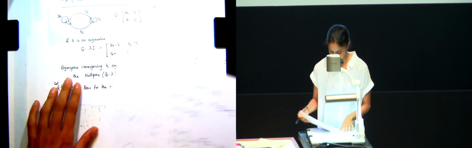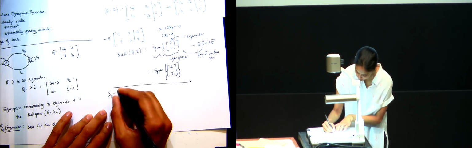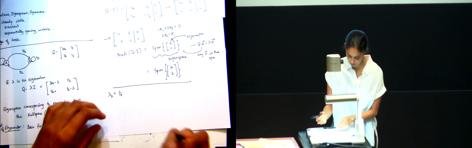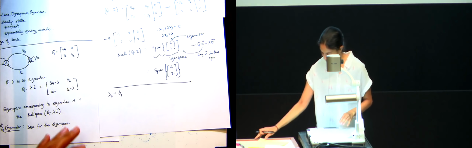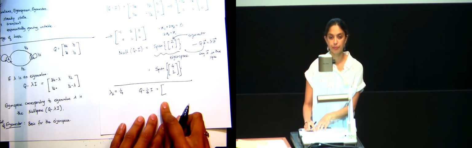Okay, so let's think now about the second eigenvalue. What is the second eigenvalue here? Lambda 2 is equal to 1/4. So since lambda 2 is 1/4, what is Q minus 1/4 I? Can people call it out? What is this matrix?